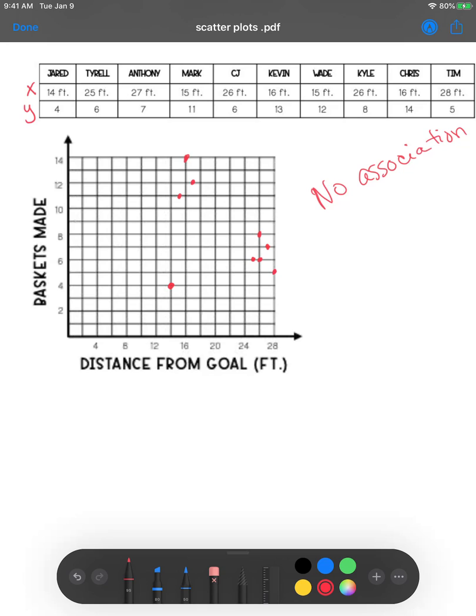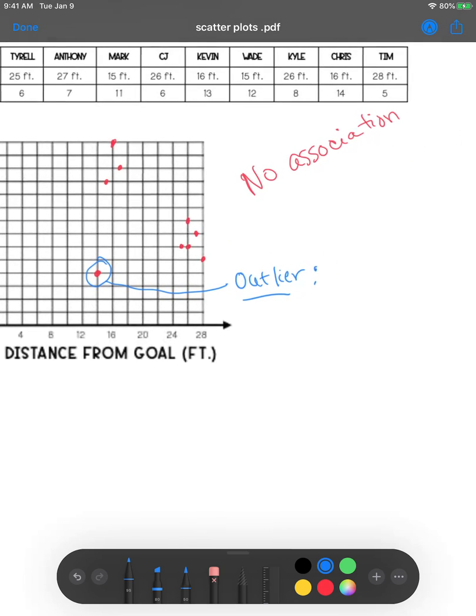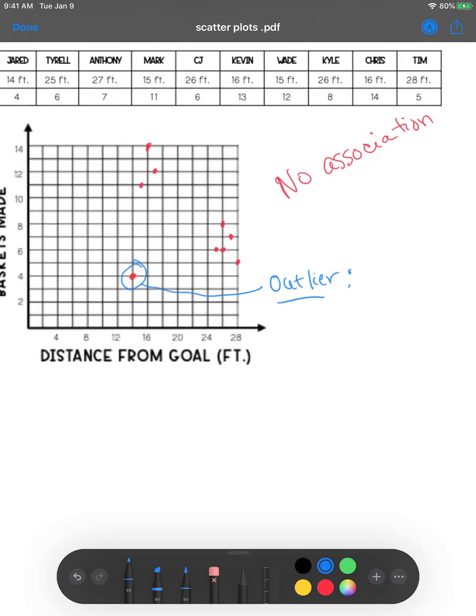And there's a couple things I wanted to point out. We're going to go with this one right here. This is called an outlier. And an outlier is a point that does not fit the overall pattern.